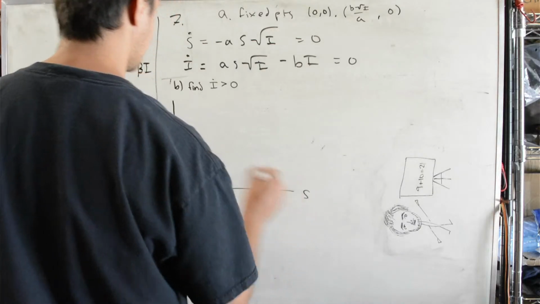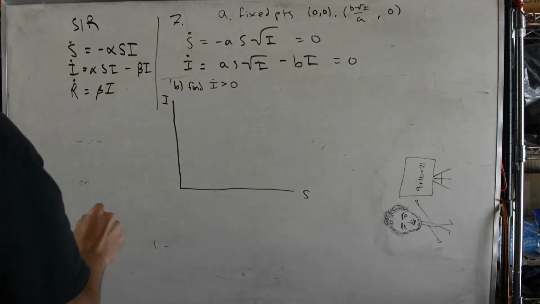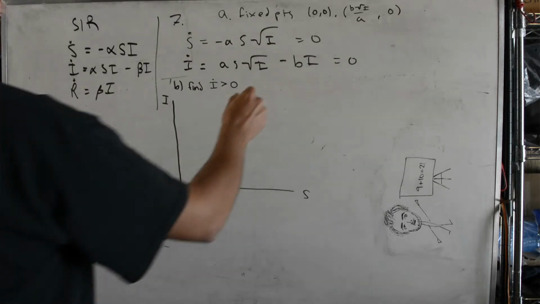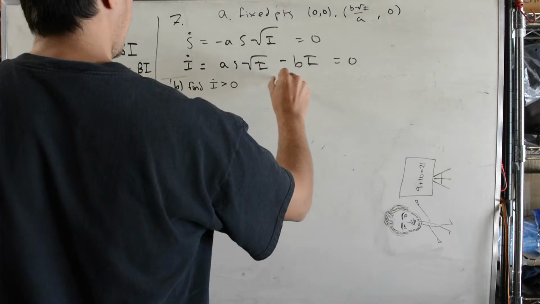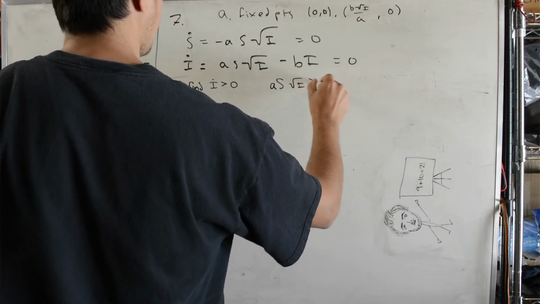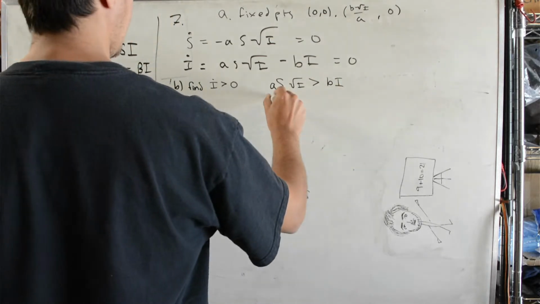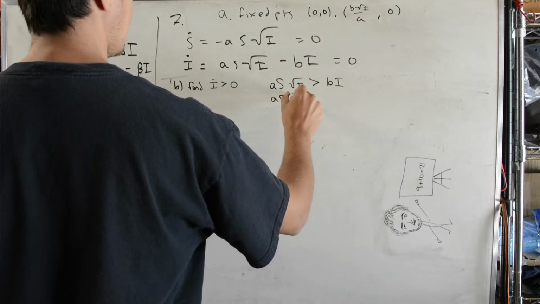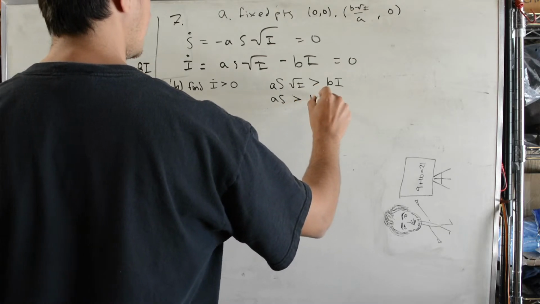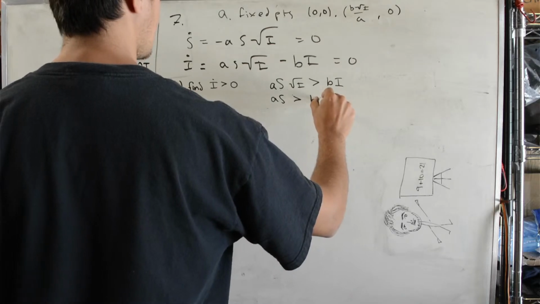We're going to have S, and we're going to have I. Now, we have the inequality A S square root of I is greater than B I. So we should get A S is greater than B square root I, right?